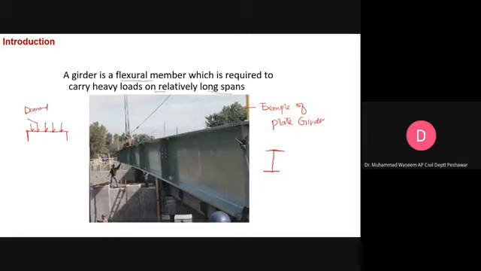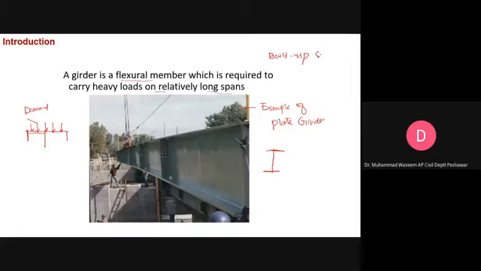Now this demand has to be transferred to these pillars, for example these piers. So on the piers, you need to have some beams. When you see the demand and the span, the hot rolled section will not be sufficient to cover this demand. So you have to go for this built up section.